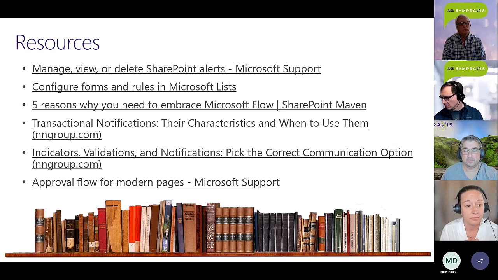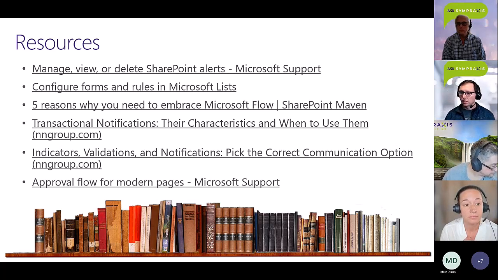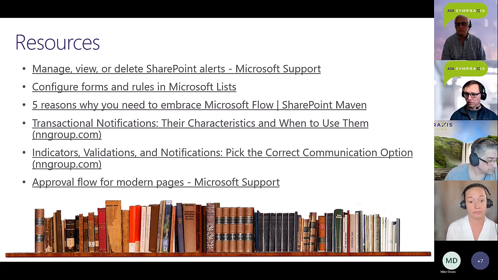Configuring forms and rules in Microsoft Lists. 5 reasons you need to embrace Microsoft Flow, that's our friend Greg Zelfond, SharePoint Maven. Transactional notifications, their characteristics and when to use them, that's Nielsen Norman. And another Nielsen Norman, indicators, validations, and notifications: pick the correct communication option. I'm sure those are really great resources from Emily. And approval flow for modern pages as well.